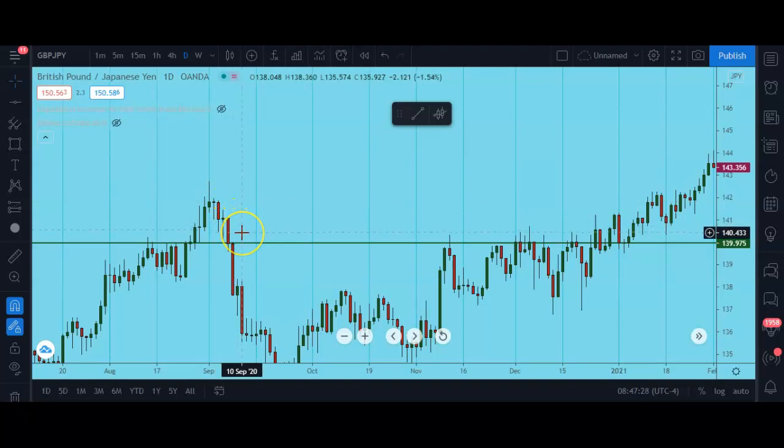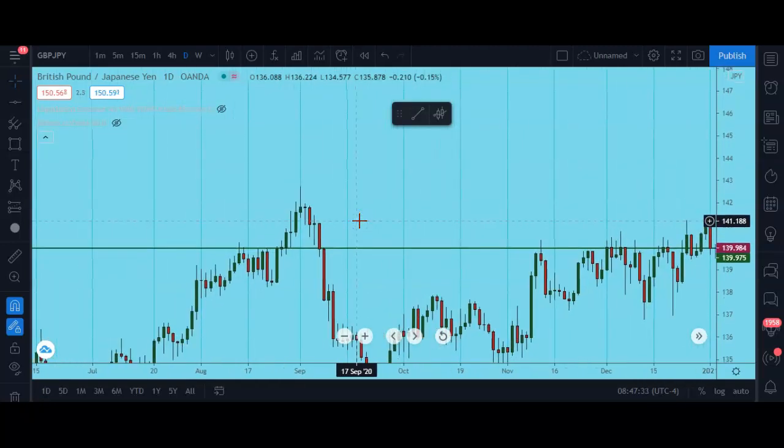And what I noticed that price does, a lot of times, it does this a lot, you do things in threes.